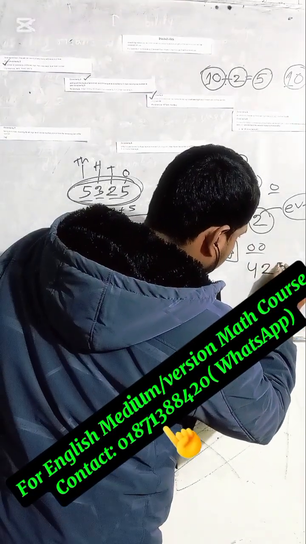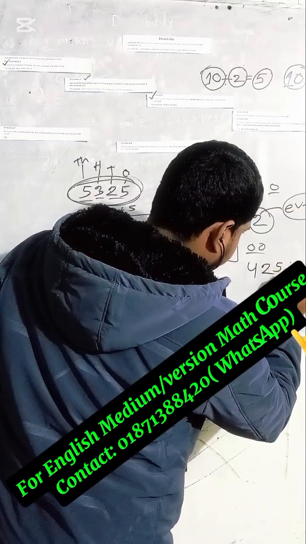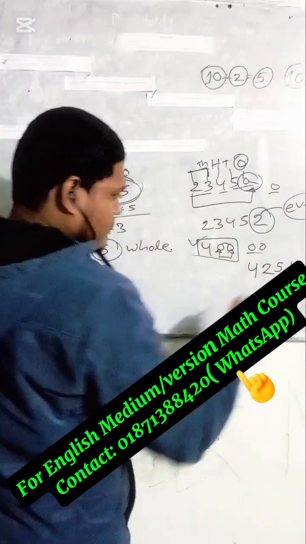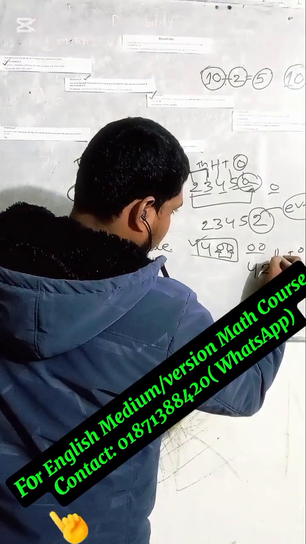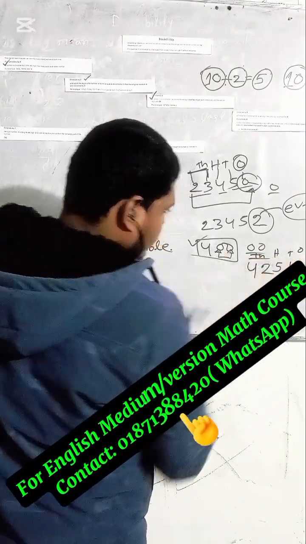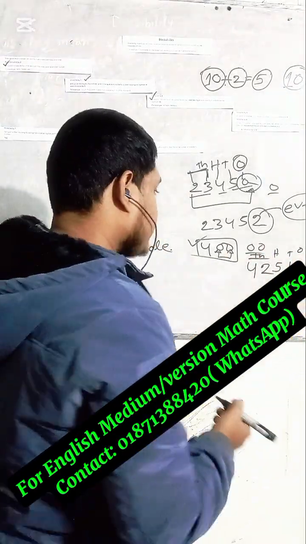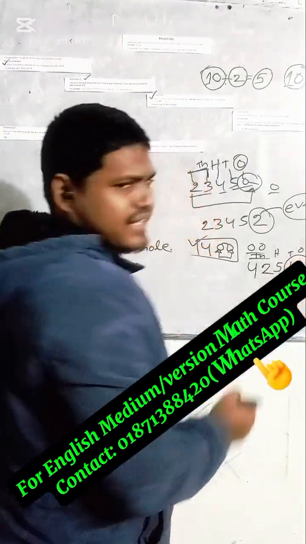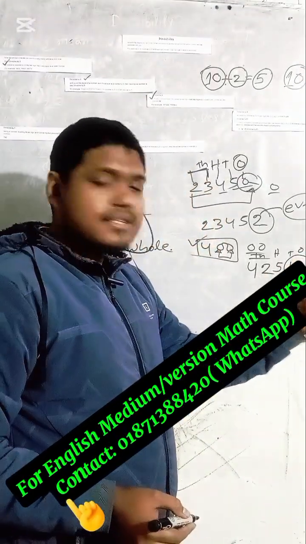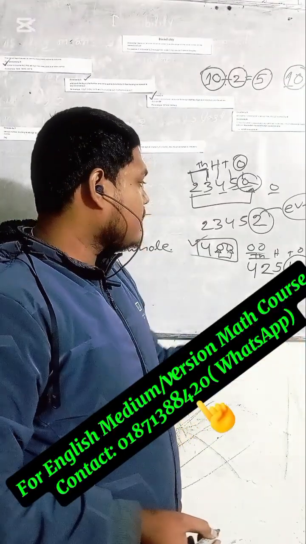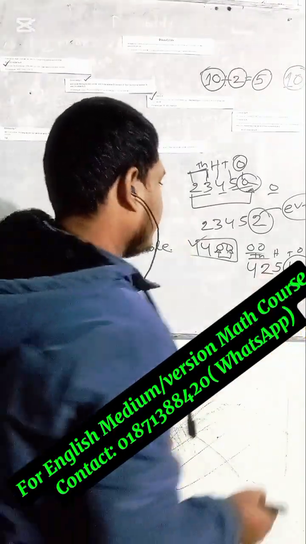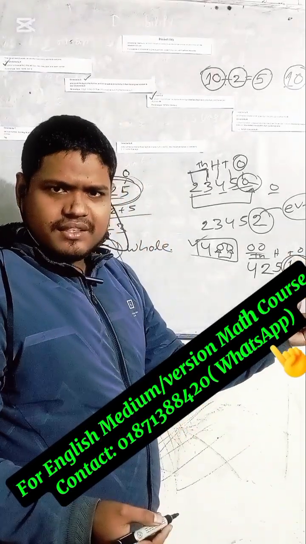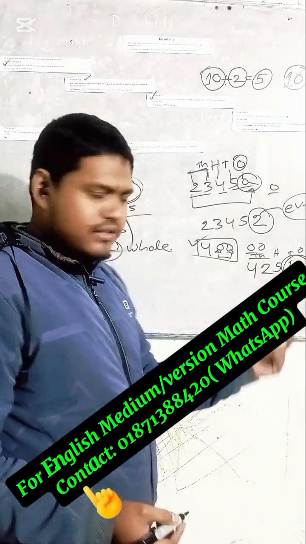Or 42516. Can you read this number? Ones, tens, hundreds, thousands, 42,516. But we have to look only at the last two digits. Last two digits are 1, 6. That is 16. And is 16 divisible by 4?